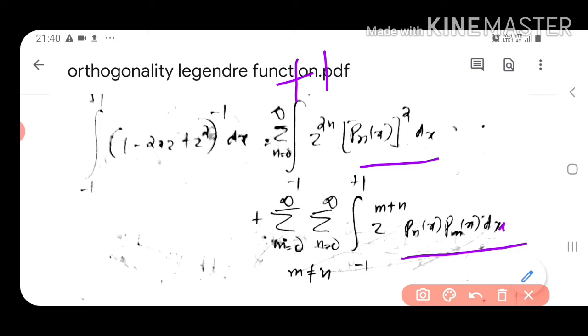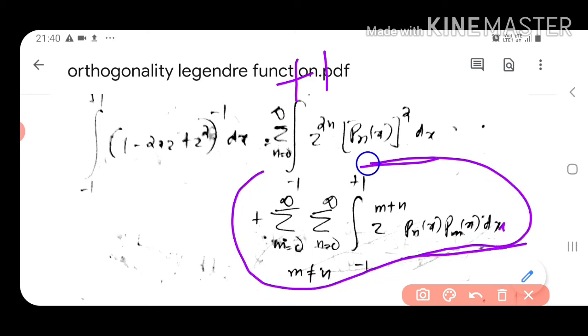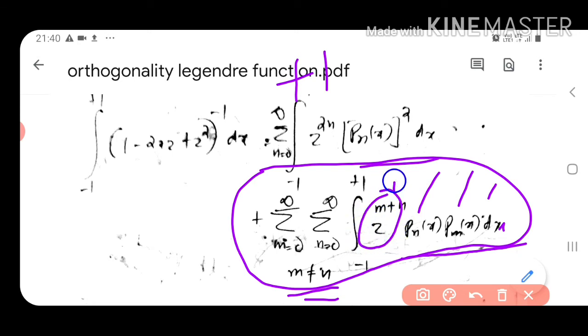Here this term will be 0 because we have m not equal to n, and here we have the integral from minus 1 to plus 1 of Pn(x) Pm(x) dx, that is equal to 0. In the first part of the proof, z raised to m plus n can be taken outside the integral. So this term will be 0 because of the orthogonality relation.